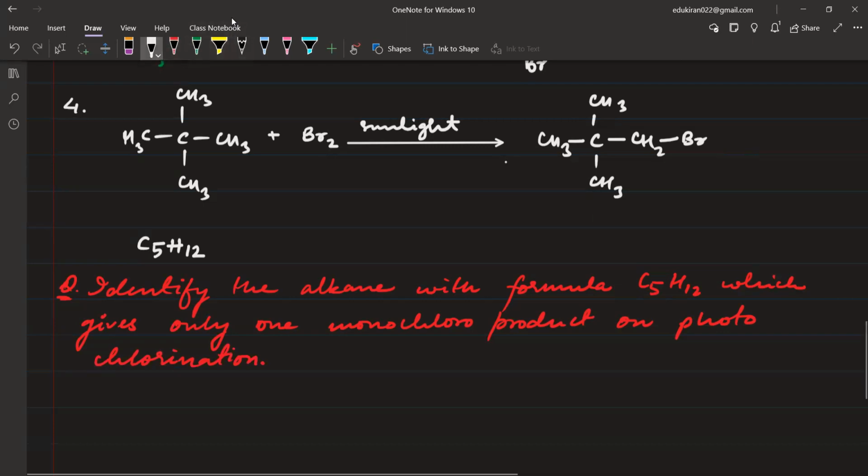So I hope you understand the question. देखिए, reaction देखने के बाद सवाल आसान लगेगा. Identify the alkane with formula C5H12 which gives only one monochloro.